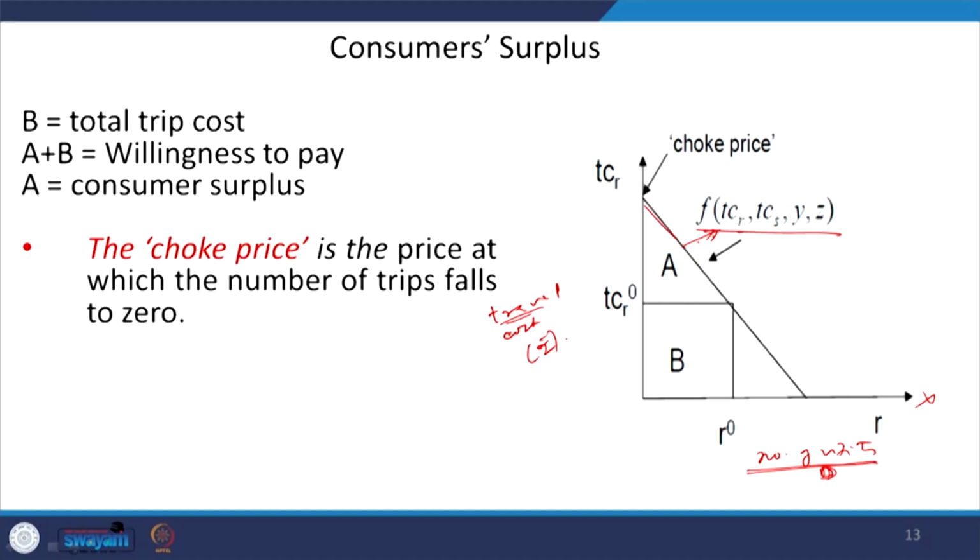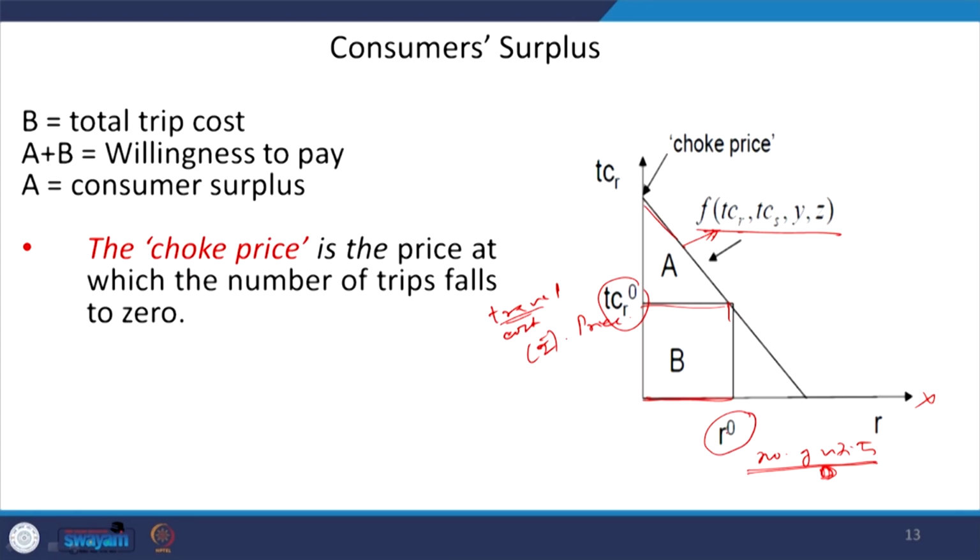We can find that at R0 number of visits, the travel cost incurred is TCR0, right. So, TCR0 is the price for paying R0 number of visits to this particular site.